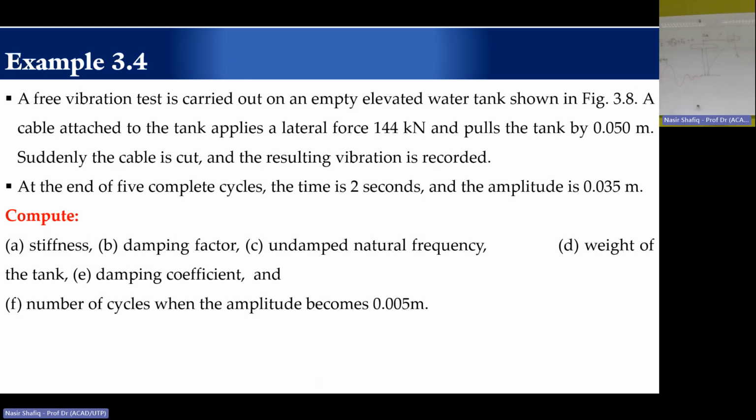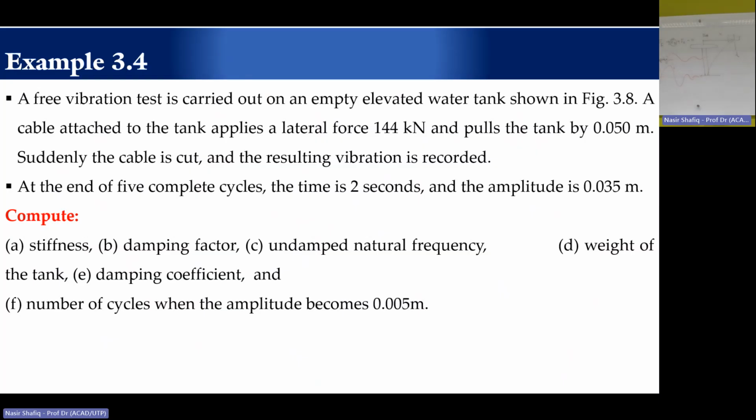At time t equal to 0, the initial condition is x, because you have already pulled it from the rest position. So this is a free vibration test.